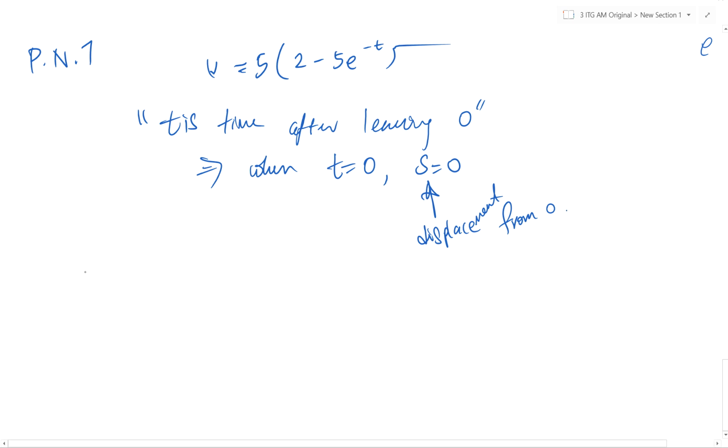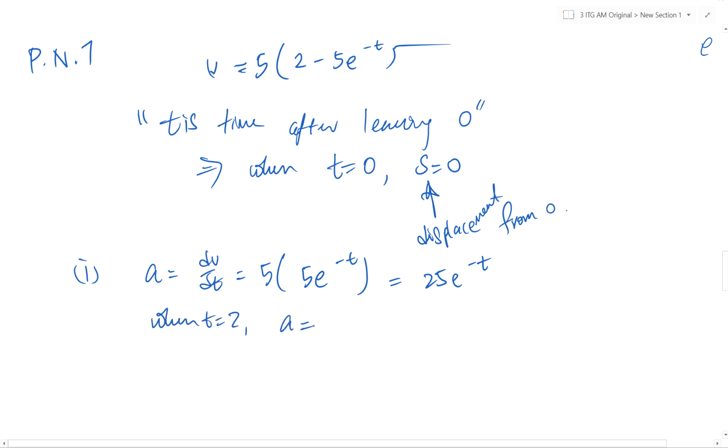Okay, so let me just get part 1 out of the way. Acceleration is dv over dt. And we have 5 times of, what's this? 5e to the power negative t, 25e to the power negative t, correct? So acceleration, when t equals 2, a equals 25e to the power negative 2. Then go and find the value, round it off, 3sf.